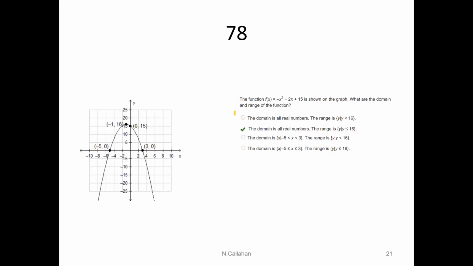This is a function. Notice it's a negative x squared. And anything with a negative x squared, you have like this upside down shape, kind of like launching a rocket. What are the domain and range of this function?